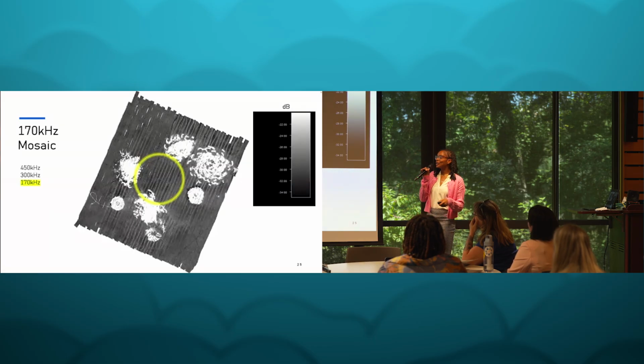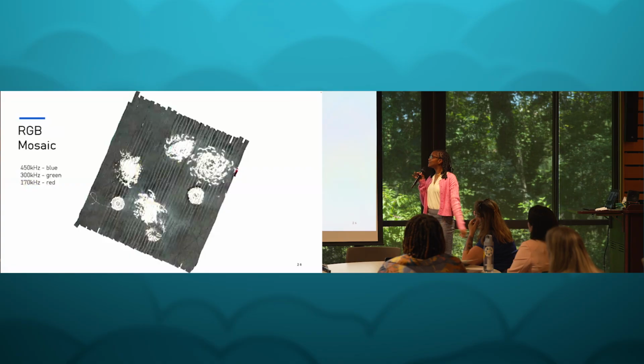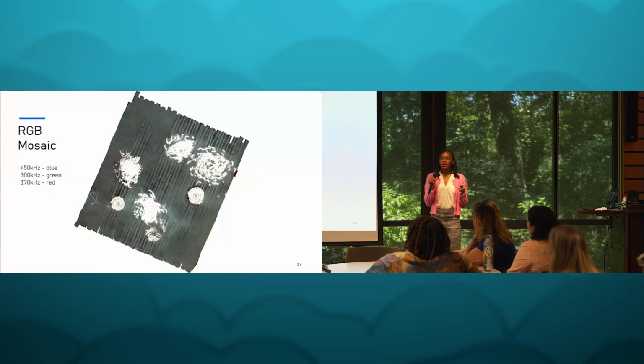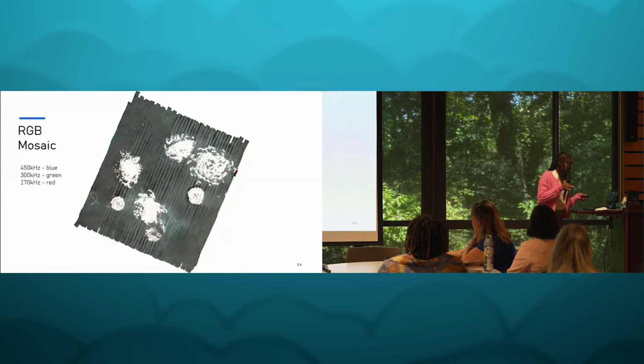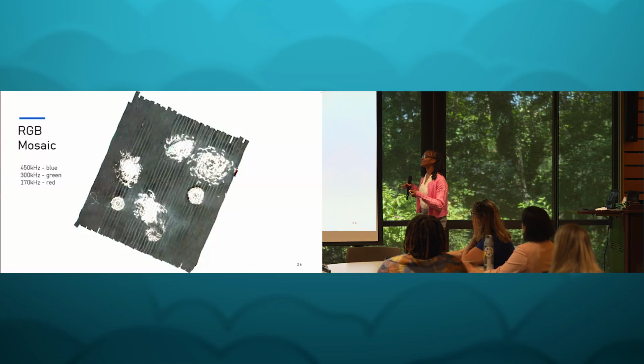Using these three frequencies, I created one image, which was the RGB image or mosaic. The different frequencies represent the different colors. Here you can see more red, which means the variations can be seen better with the 170 kilohertz frequency.